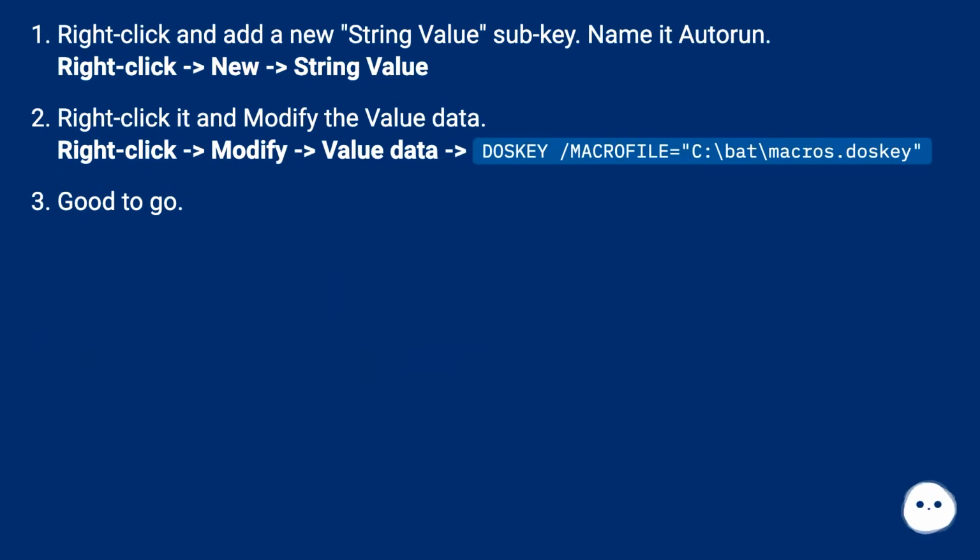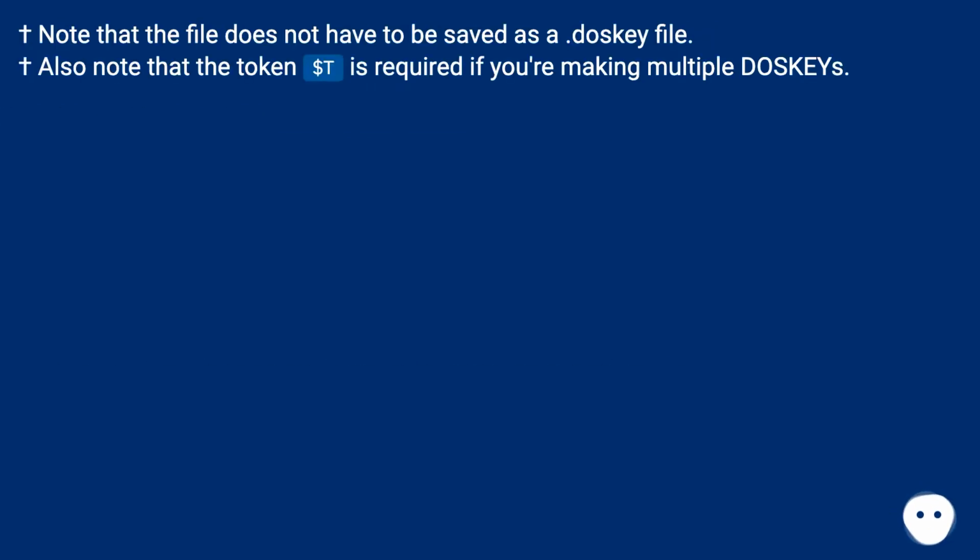Right-click it and modify the value data. Right-click, Modify, Value data: doskey /macrofile=c:\bat\macros.doskey. Good to go. Note that the file does not have to be saved as a Doskey file. Also note that the token $T is required if you're making multiple Doskeys.